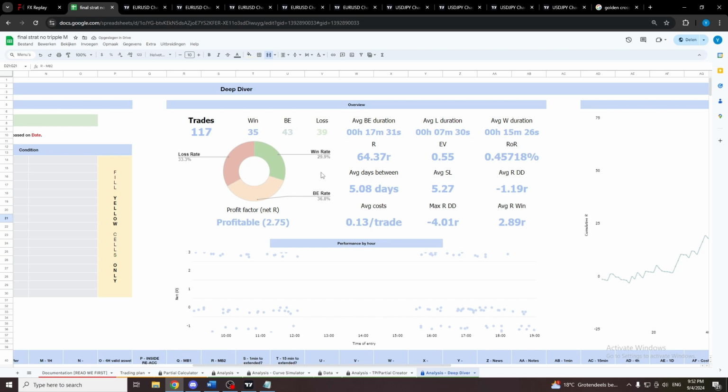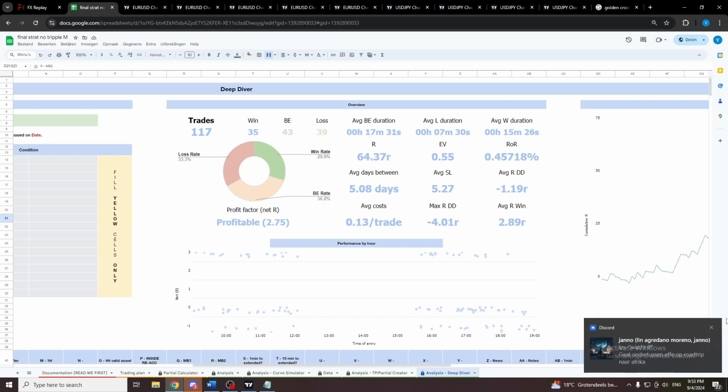So you could say, okay, inside reaccumulation is way better than MB2, so I'm not trading MB2. Well, MB2 is great as well. It's just not as great, which is trading. Some entries will not be as great as other entries.